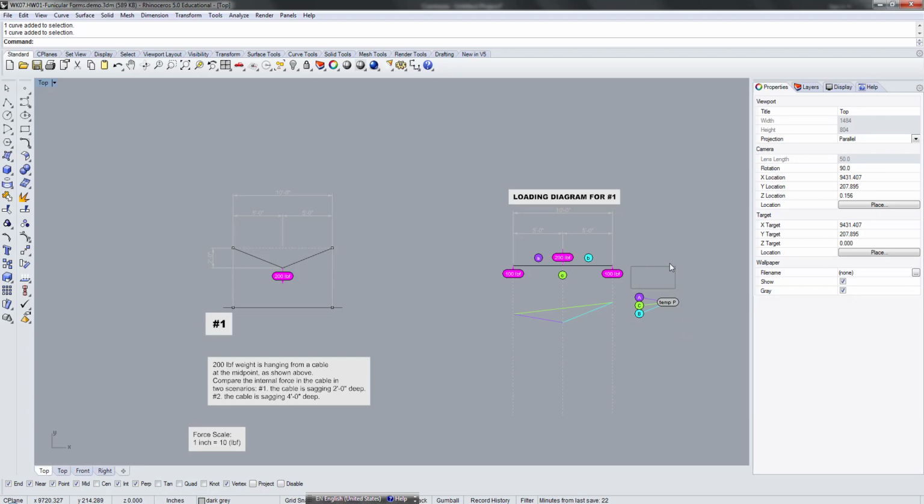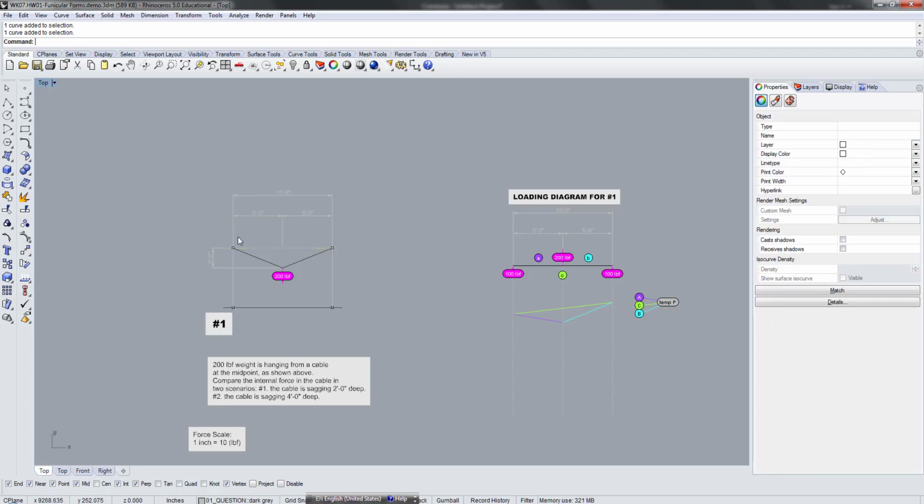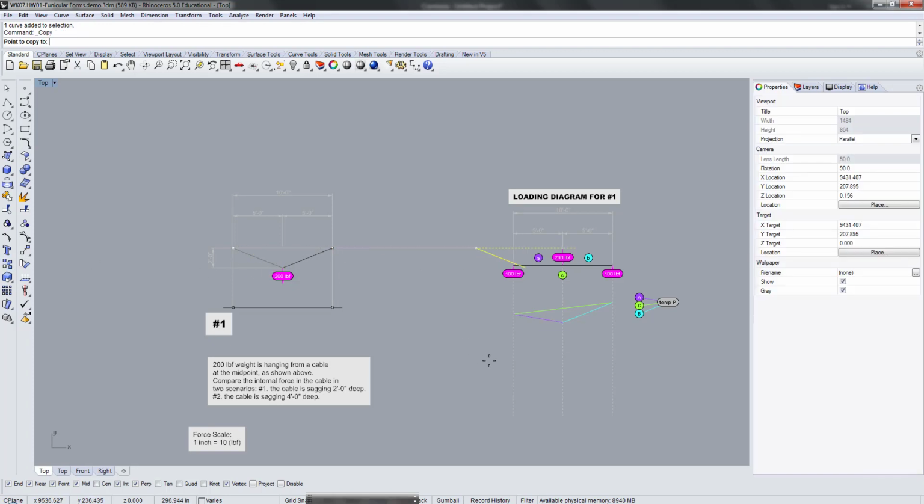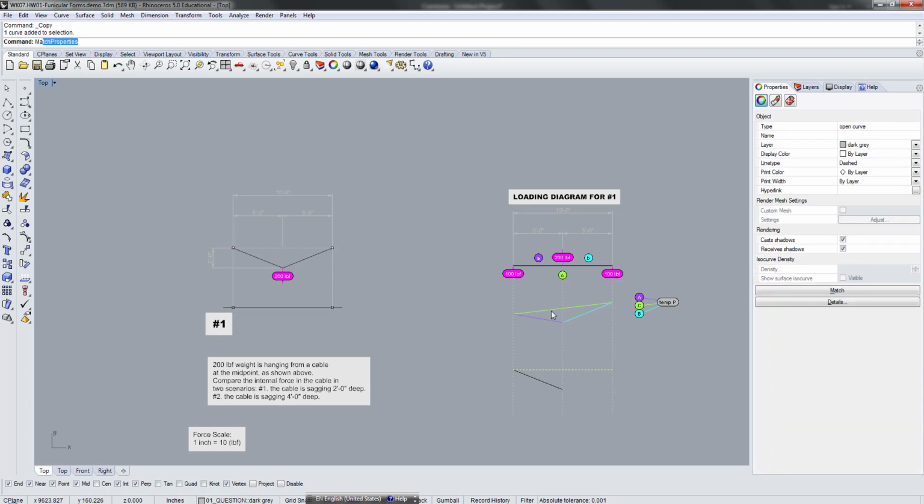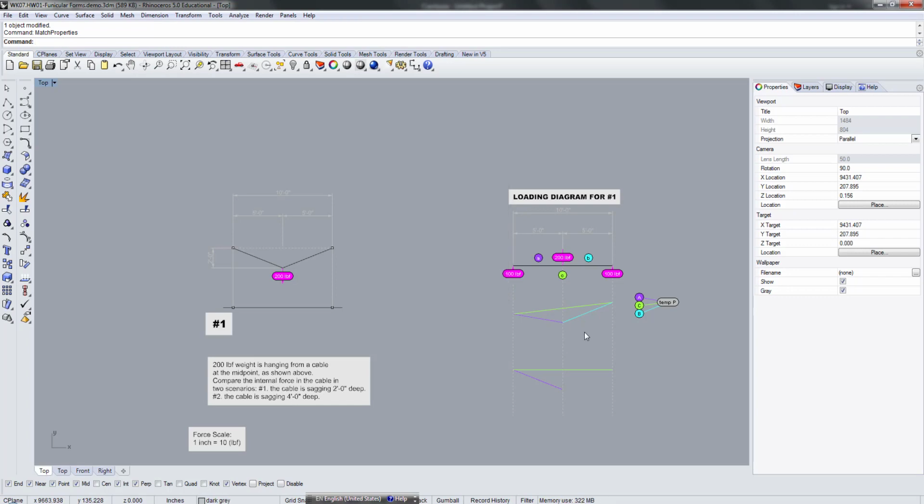So we can modify these diagrams to match what's on here by simply copying the geometry and modifying the diagram to match what's here.